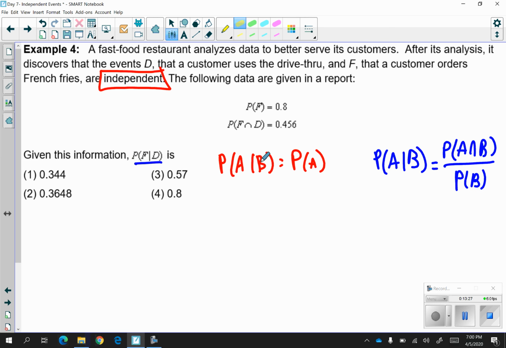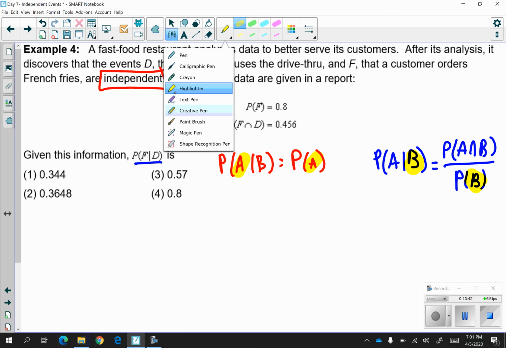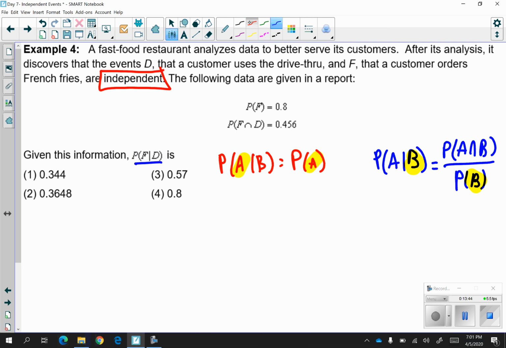So just keep in mind the difference between both of these. For independence, what comes first has to be by itself. For the basic conditional probability formula, what comes last has to be in the denominator. But the red one is specifically for independence. Now, it might be a little more confusing to figure out which one to use if we're talking about A and B, so I'm going to switch this to F and D.